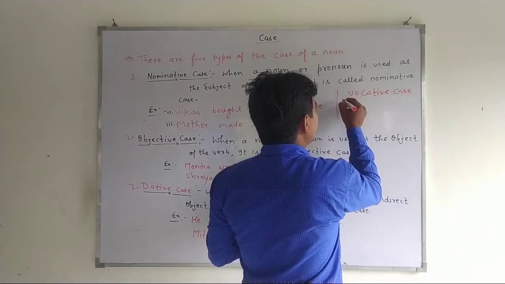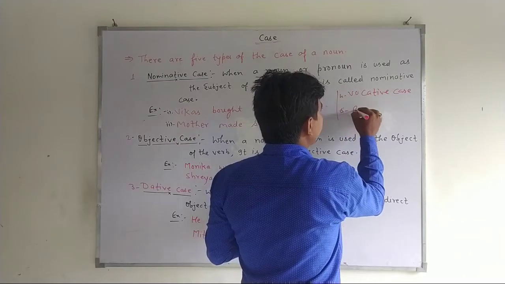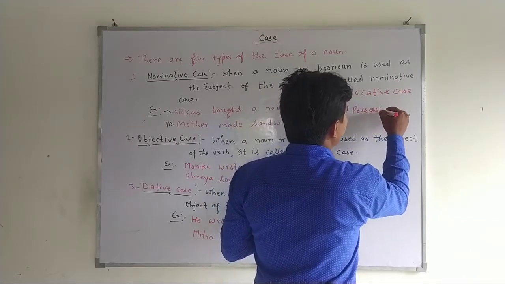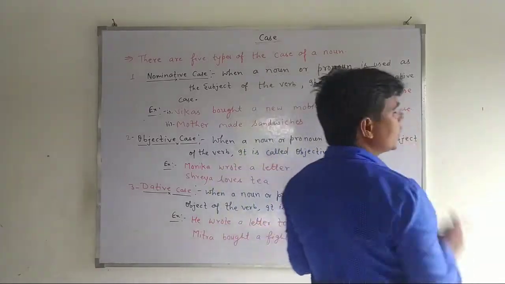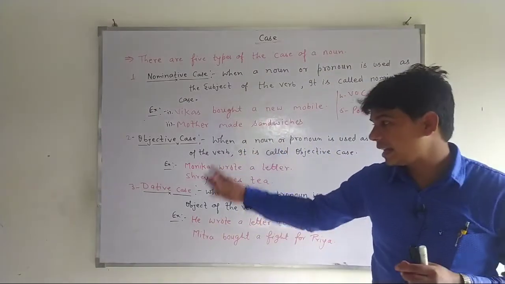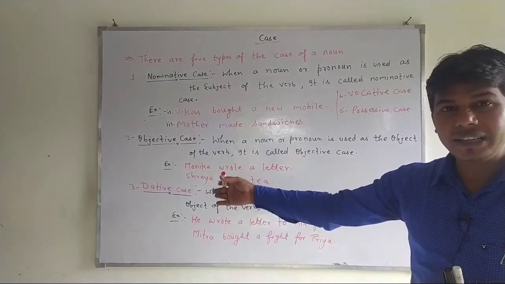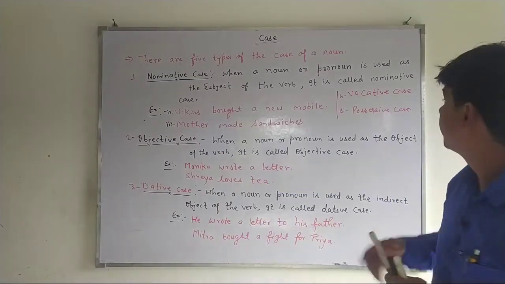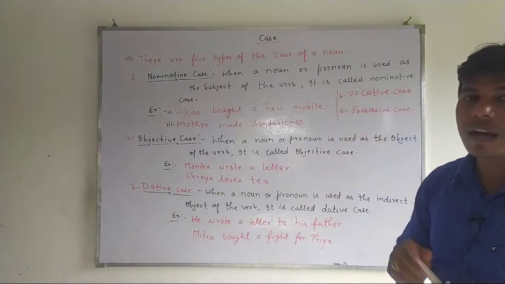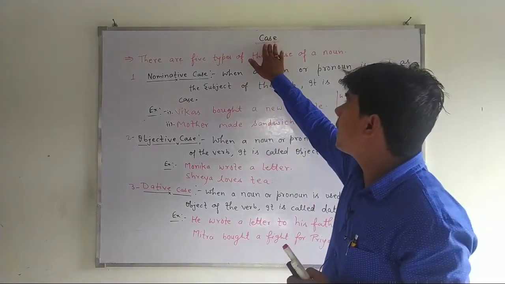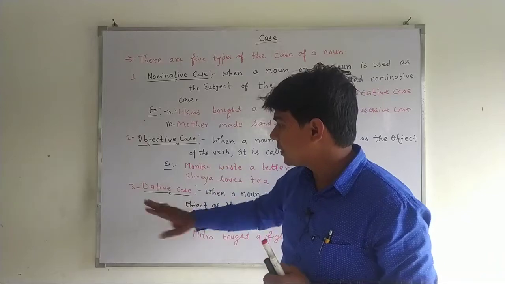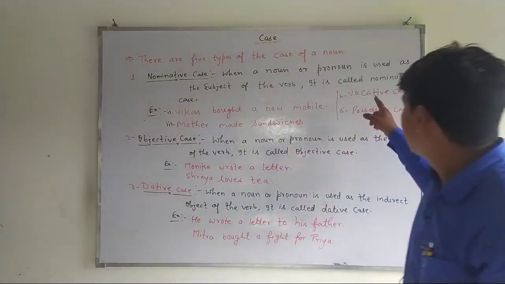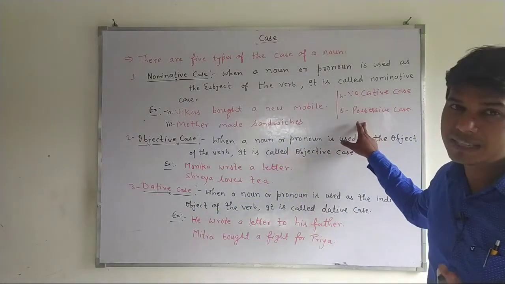And the fifth one, possessive case. Is it clear? So these 2 cases we will discuss after the third that we have written on the board. Just remember that there are 5 types of case of a noun: nominative case, objective case, dative case, vocative case, and the last one, possessive case.